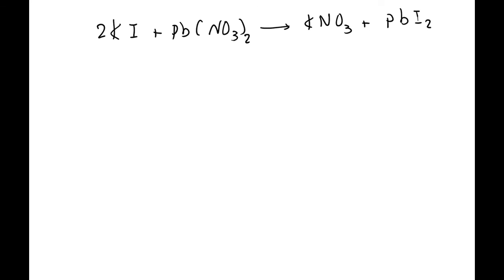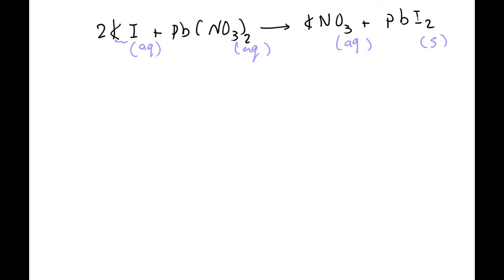Which of those salts are soluble and which is insoluble? Potassium in group 1, all group 1 salts are soluble. Here all nitrates are soluble. All group 1 is soluble. Lead iodide, this is insoluble salt. Going to the solubility table, you will recognize that iodide is soluble, but lead iodide is insoluble, so it's solid.